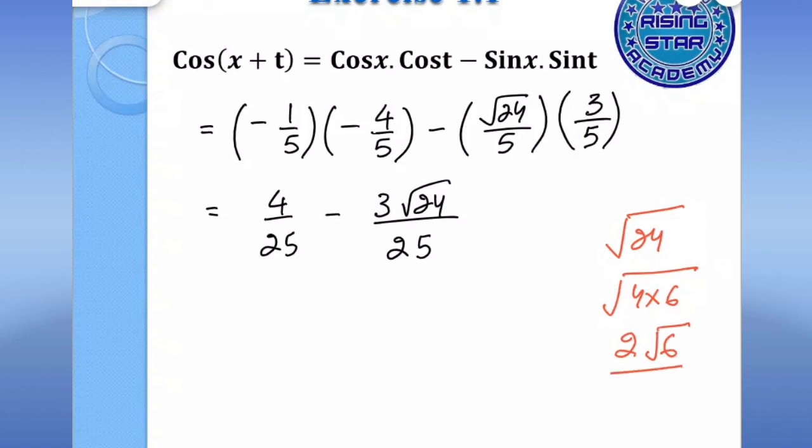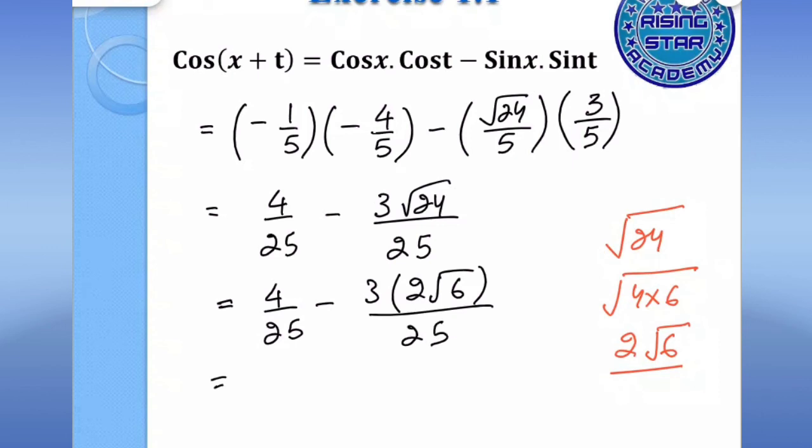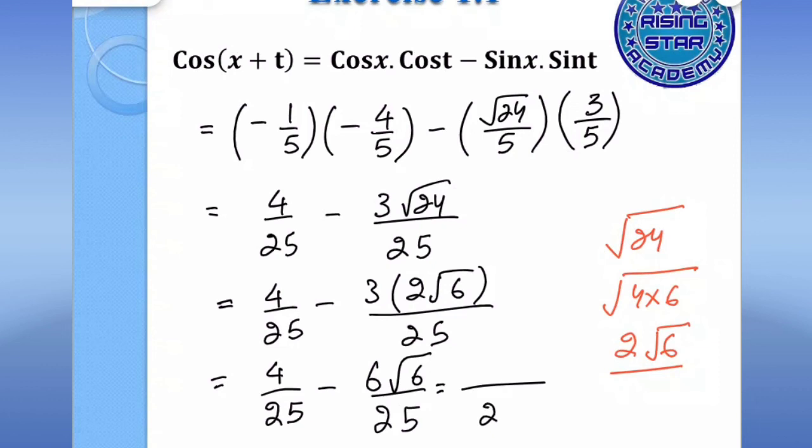So I would replace 24 with 2 times root 6. So 4 over 25 minus 3 times 2 root 6 over 25. So that is 4 over 25 minus 6 times root 6 over 25. So 25 would be the LCM. So 4 minus 6 root 6 would be our final answer in this part.